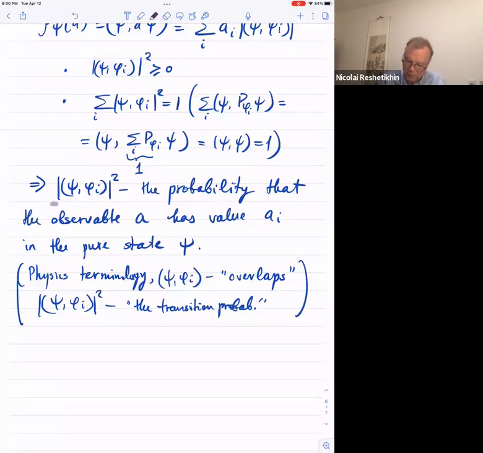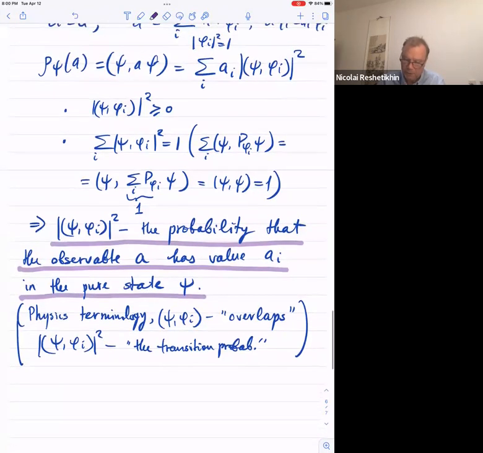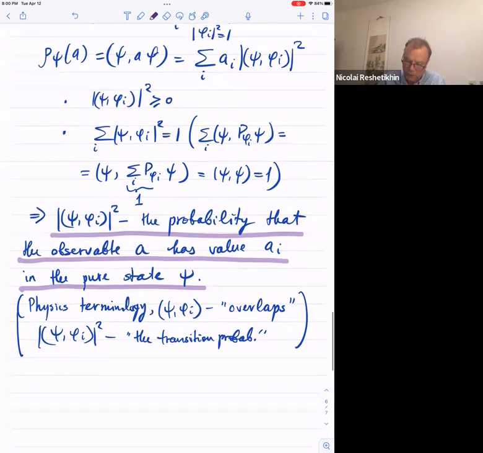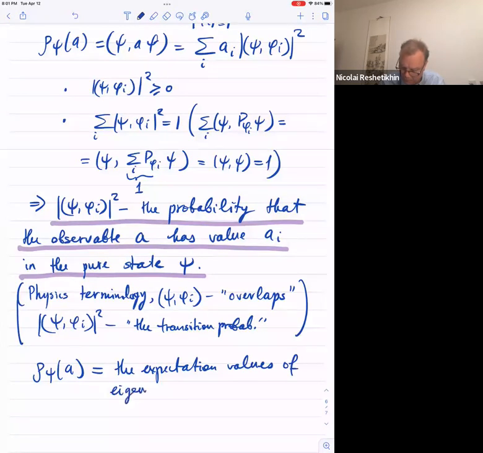What's important is the physical meaning of these numbers. And so you can see that the value of the observable on the pure state psi is the expectation value of eigenvalues distributed with these probabilities.